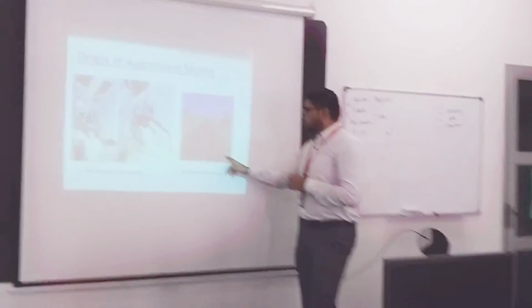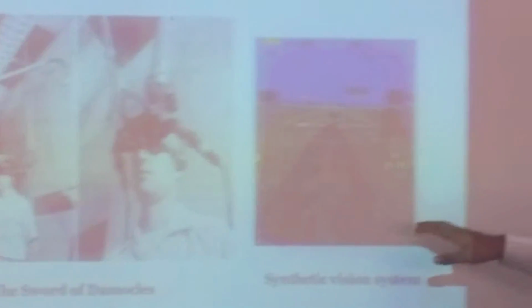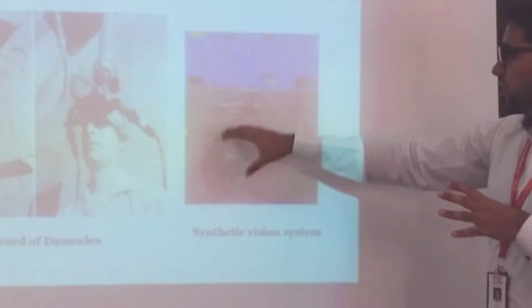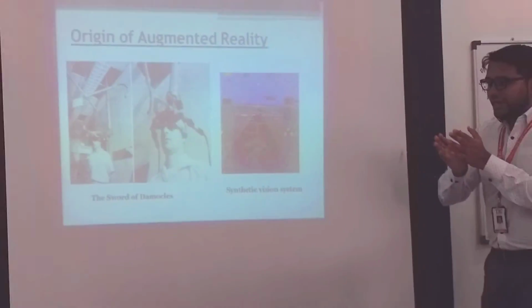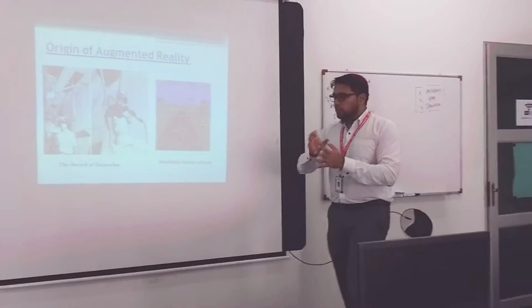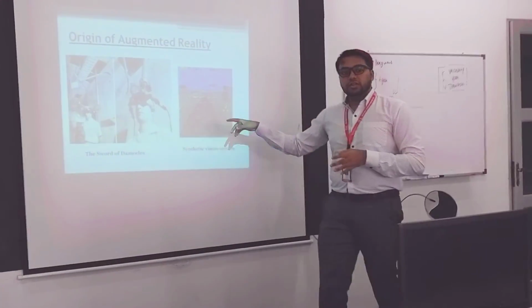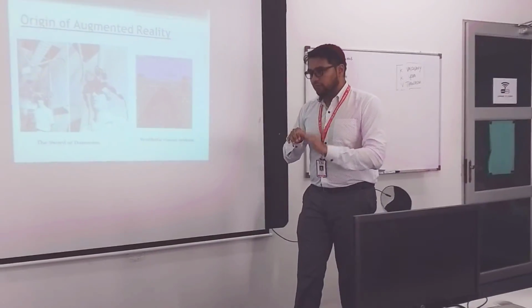It gives a real-time image of the real world combined with computer-generated features. For example, it shows you the guidelines on the runway, so you follow those guidelines and land perfectly without making any errors. This also helps increase the security of the flight.